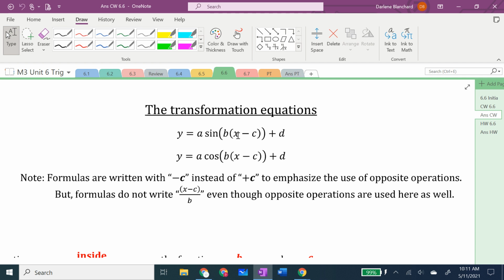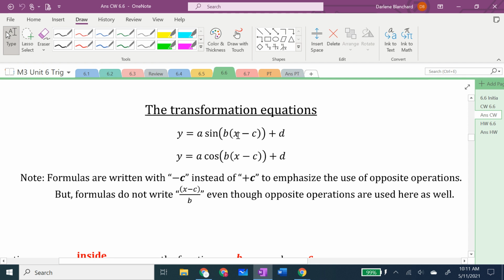And if you add something on after the function has been drawn out, then you're just going to do whatever that outside addition says. But when you see that x has a number added to it before you're even able to create the function, you want to maybe think of it as you have to go backward in time before the graph occurred.